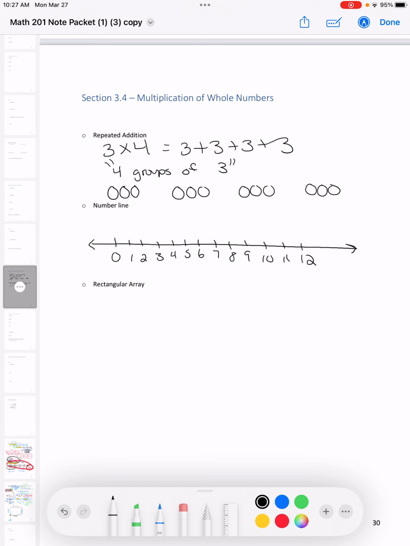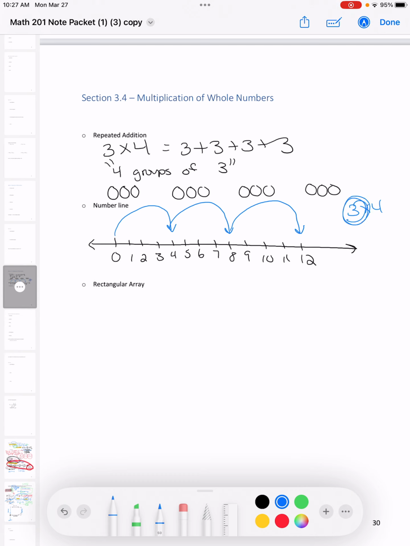So I could start here, and let's see. Keep our 3 times 4 that we had before. So I'll go to 4, 8, 12 there. So we could see that there are 3 humps. That's where the 3 is.